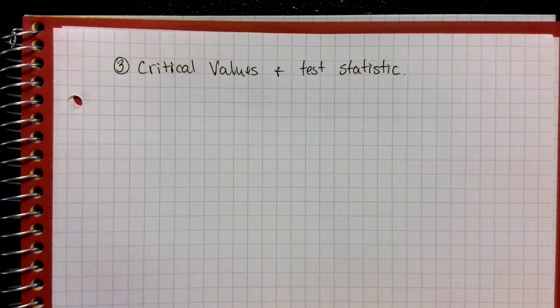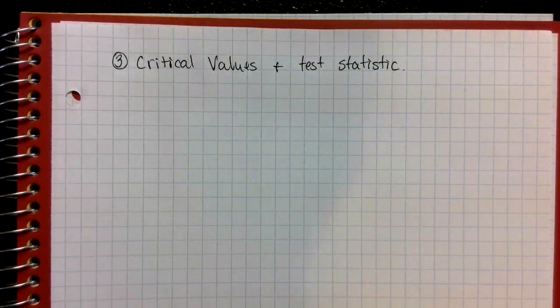We've already talked about setting up a null and alternative hypothesis. In the end, we want to choose: are we accepting the null hypothesis, or are we going to reject it, which therefore means we are assuming our alternative was true.